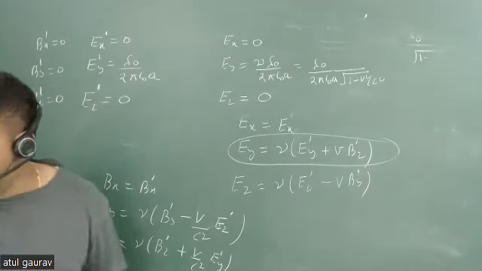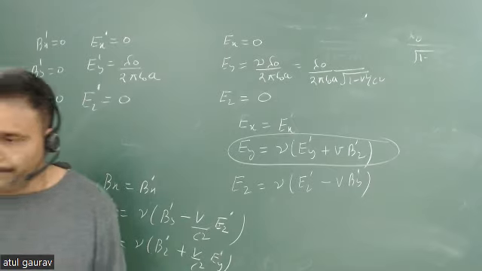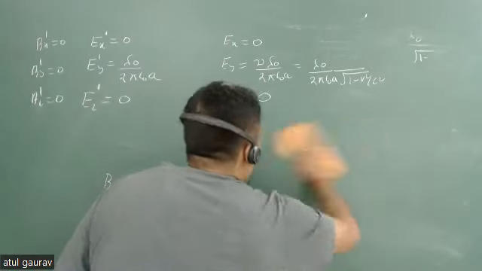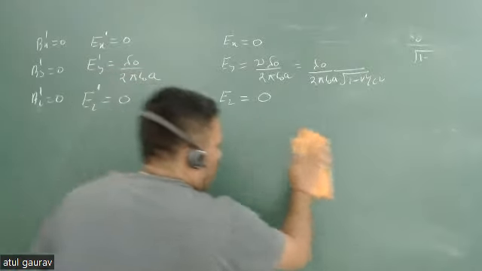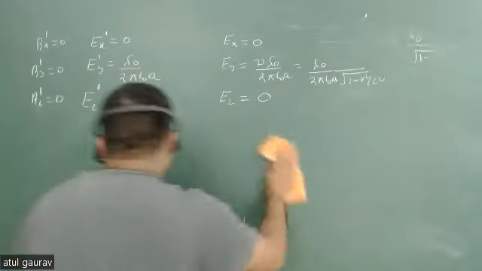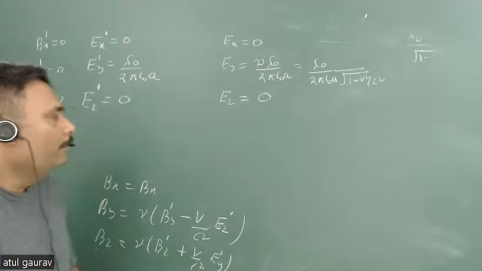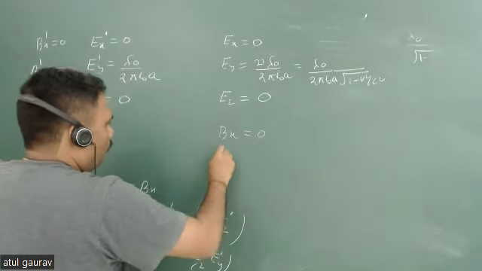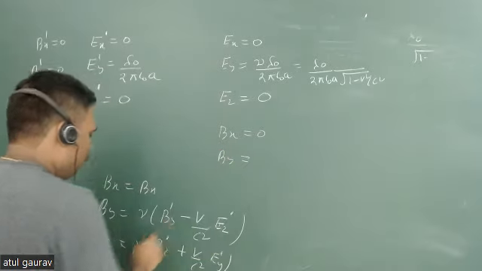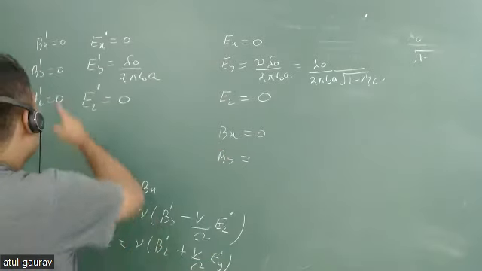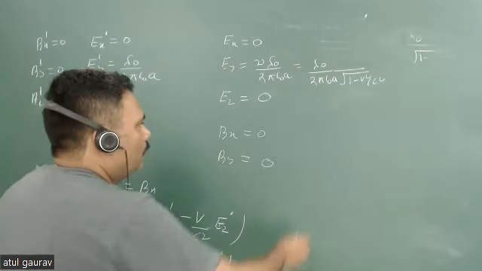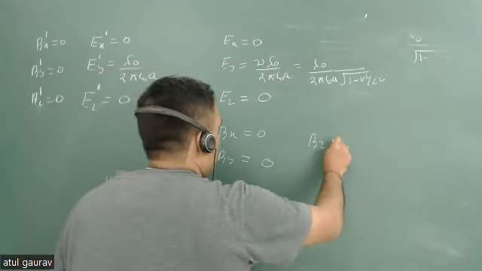Let's calculate your magnetic field part. So what about your Bx? 0. What about your By? By dash is equal to 0, Ez dash is equal to 0, so this is also 0. What about your Bz?